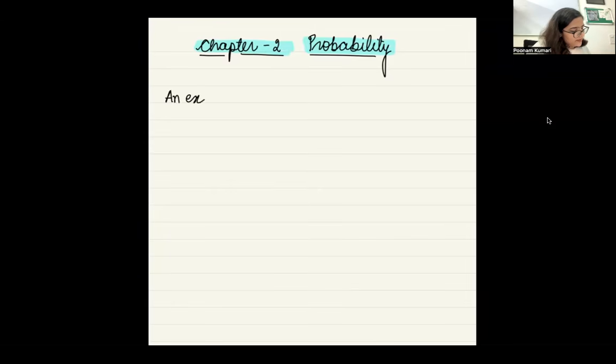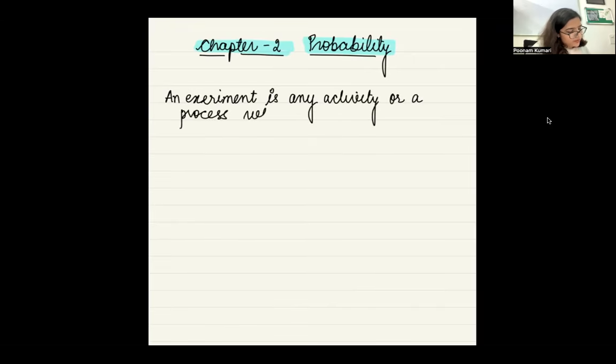An experiment is any activity or a process whose outcome is subject to uncertainty.